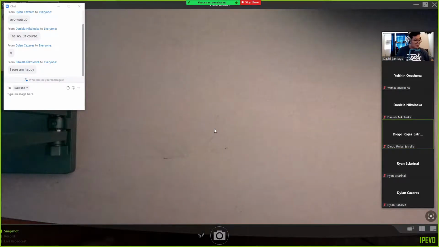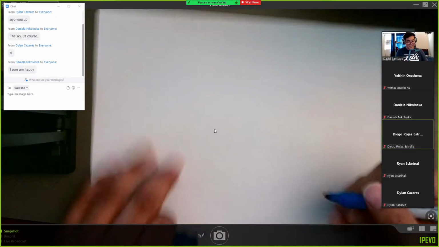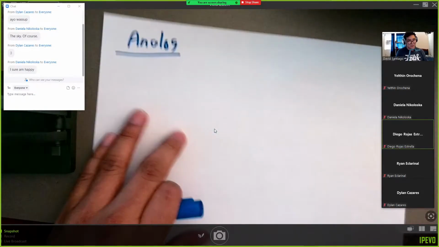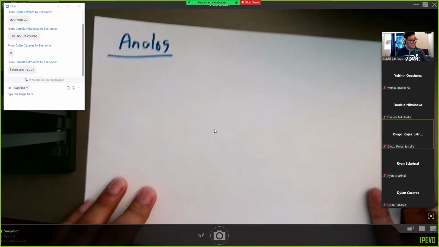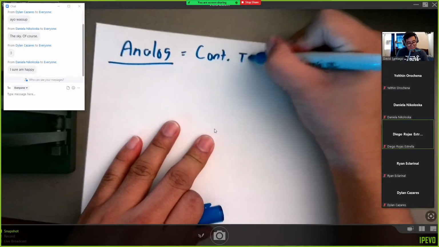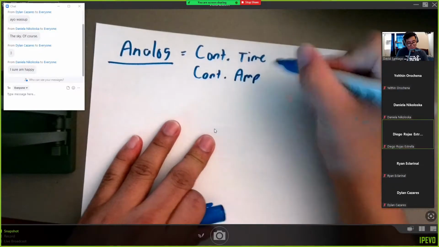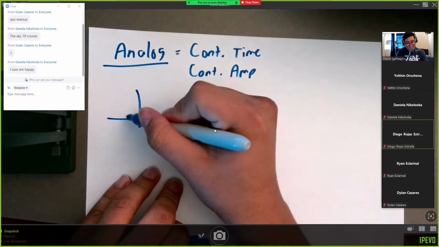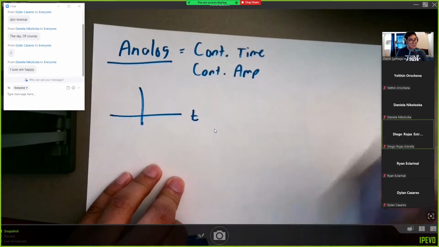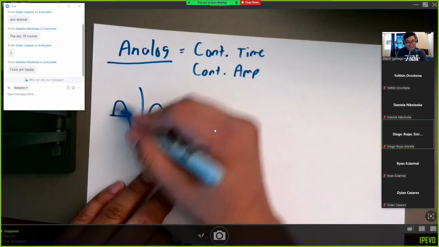All right, so let's talk about analog signals. Everyone knows what an analog signal is, right? It's basically continuous time and continuous amplitude, which means if we had a variable t, it covers every number, and it just covers infinitesimal.